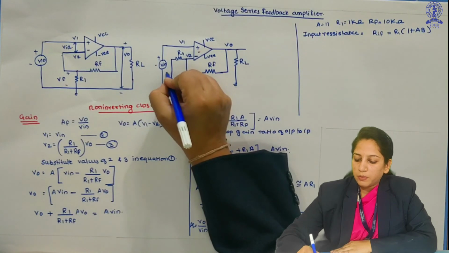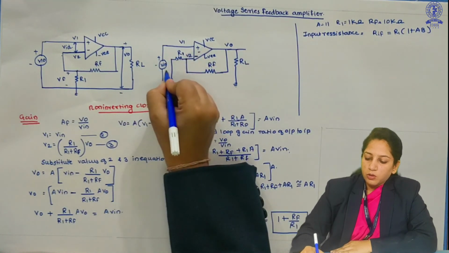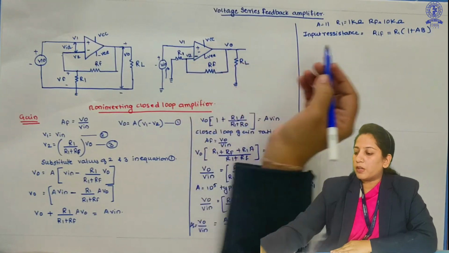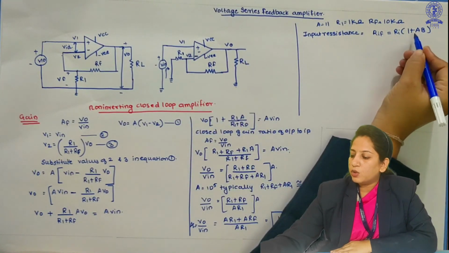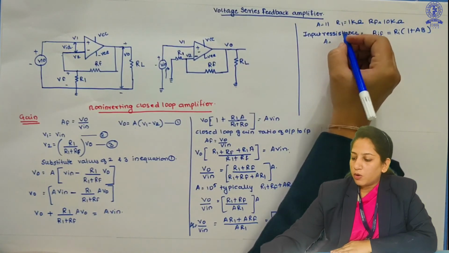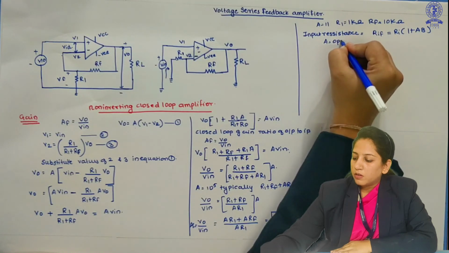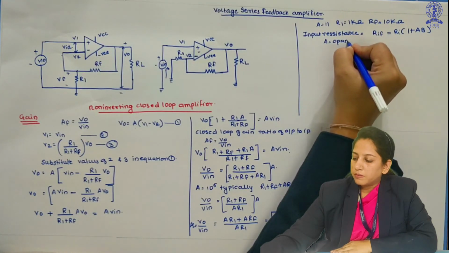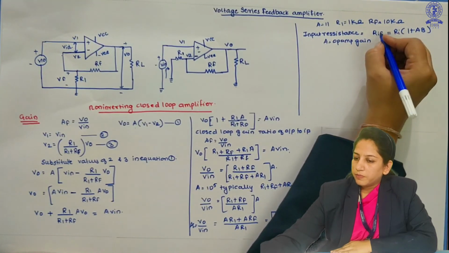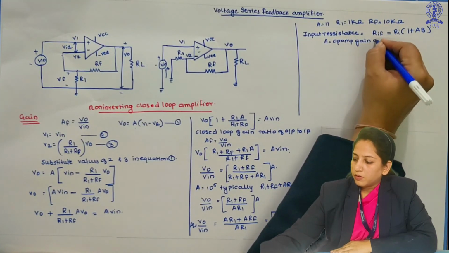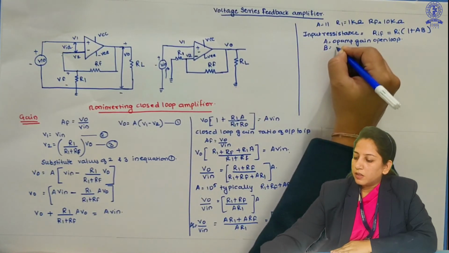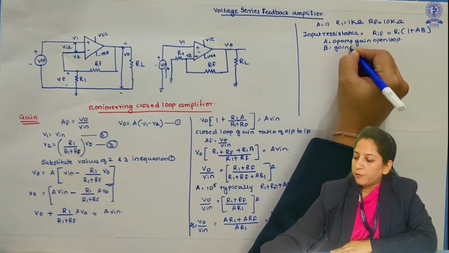Inside there will be an Ri resistance of the operational amplifier. So this is Ri into 1 plus AB, where A is the gain of our op amp in open loop, and B (beta) is the gain of the feedback circuit.